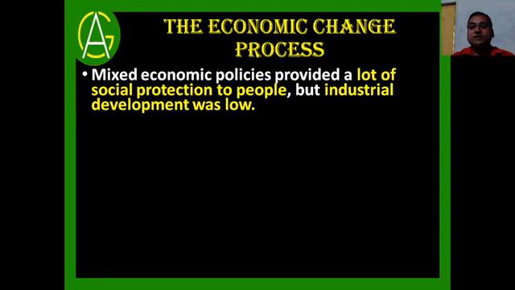So after accepting this mixed economic path, our economy was not growing. In the first slide of this session I said India was having stagnation. So why was there stagnation? That is the reason: we adopted a mixed economy, and in the mixed economy we put several restrictions on the industrial sector. That is why the growth was very slow.